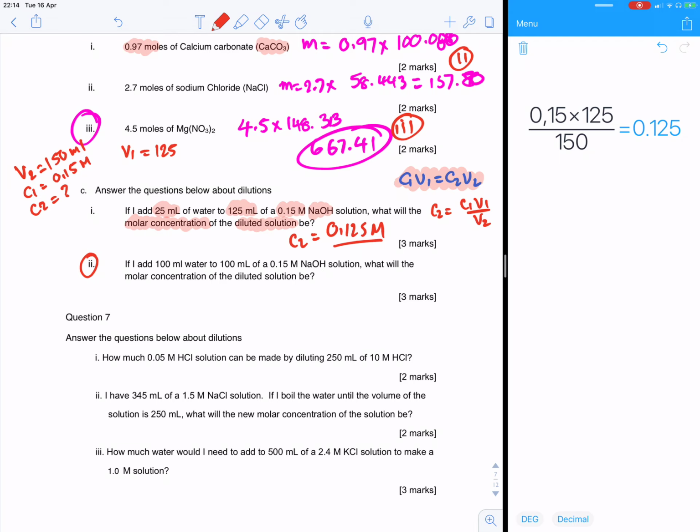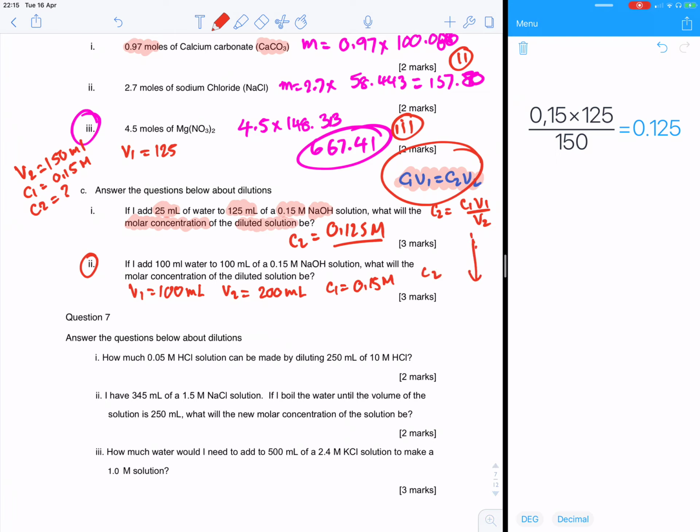So if we add 100 to 100, it means V1 is 100 mils and V2 is 200 because we've added 100 to 100 mils of 0.15. C1 is 0.15 molar. So this is just going to use the same formula. We're looking for C2.